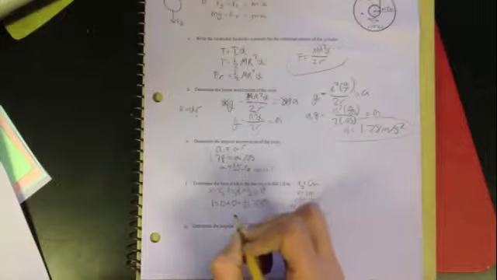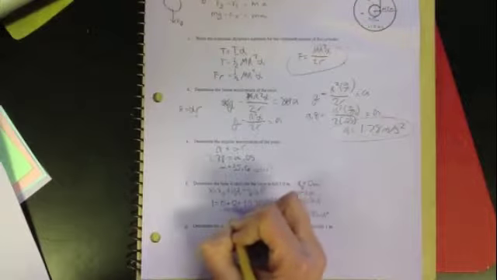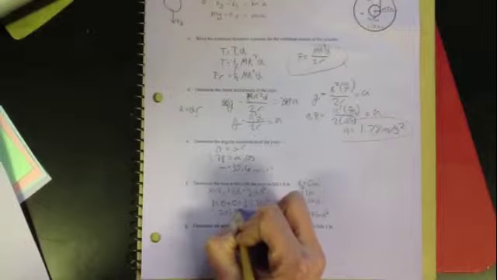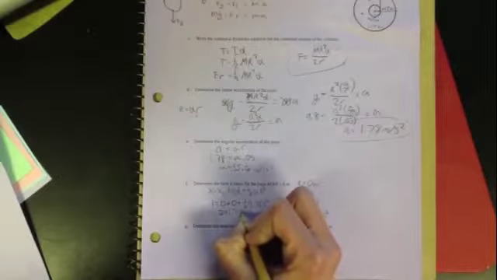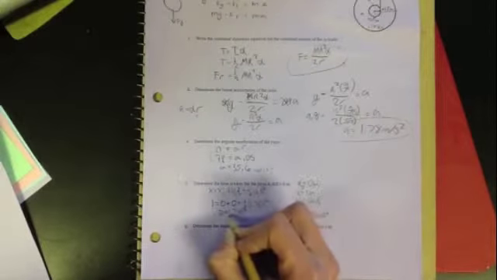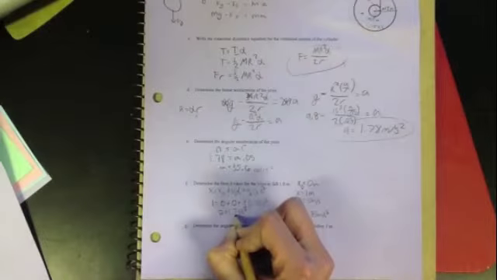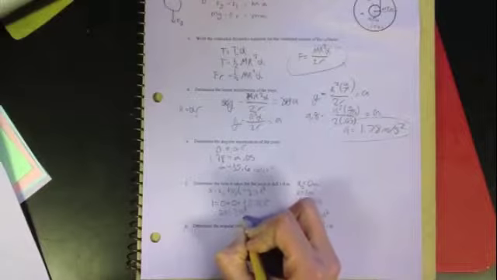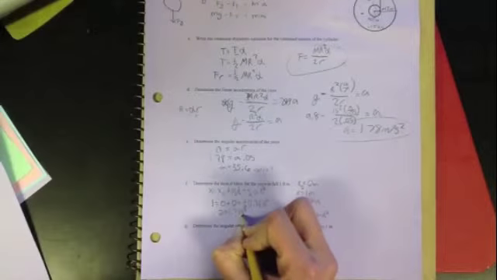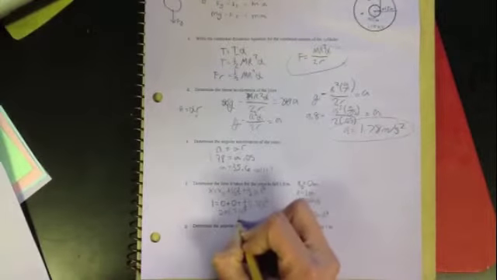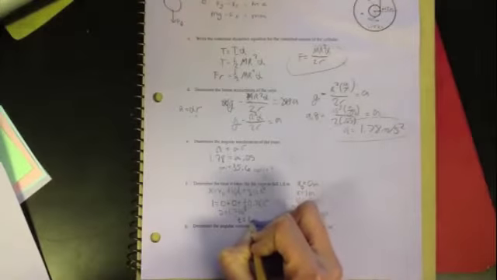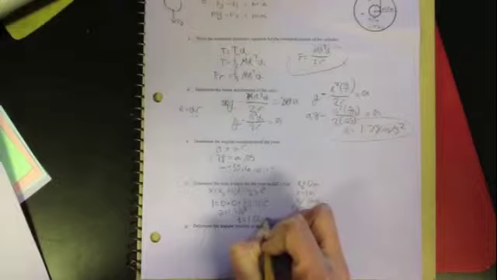And then this makes it so that 2 equals 1.78 times time squared. Then we just divide by 1.78 and take the square root to get our final answer of the time to equal 1.06 seconds.